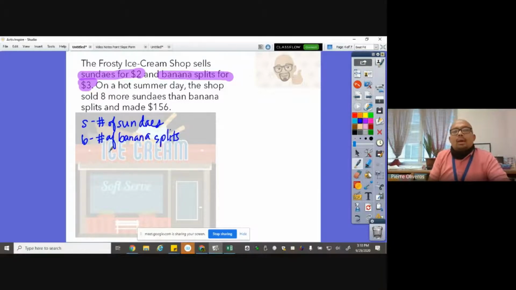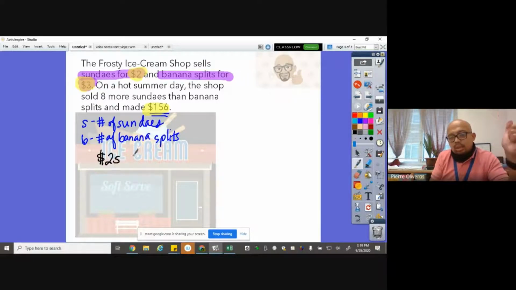Now, we also know that this shop made $156. And what I tell my students all the time, remember the dollar sign and the dollar sign and the dollar sign, they have to be on the same equation. That's a good hint. So we know that they sell the sundae for $2, but we do not know how many they sold.